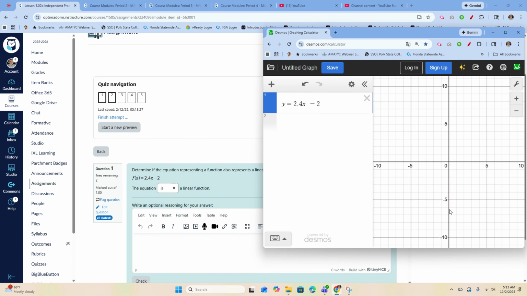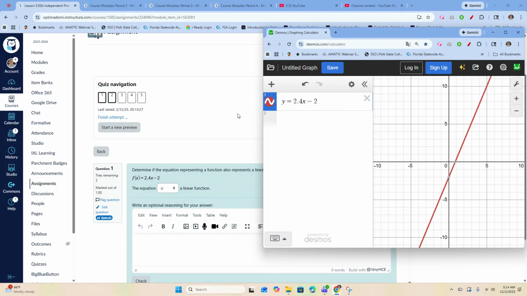If I put exponent 1, see, it's still a line. If I put a different exponent, see, I'm going to have a different picture. And like we learned about exponent rules, when the exponent is 1 in algebra, we do not write it. So every time you see the x without an exponent, it's because the exponent is 1.